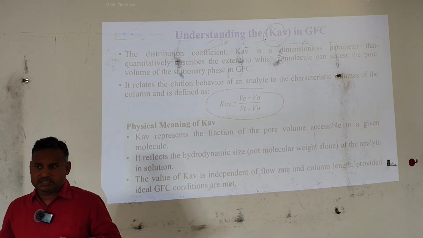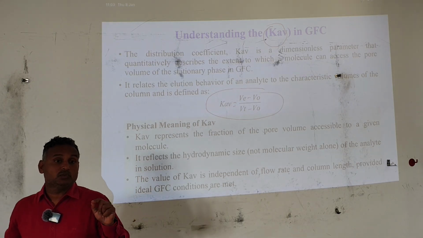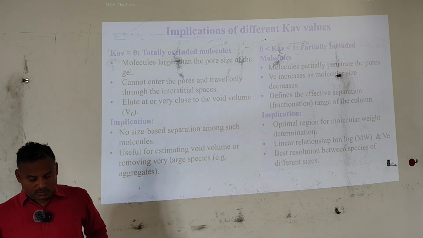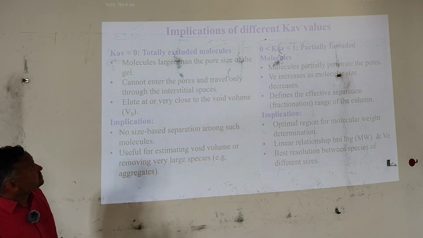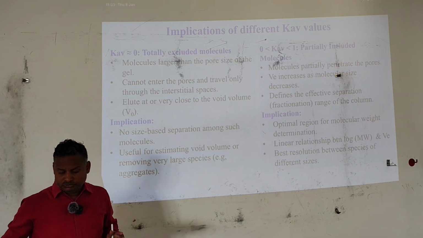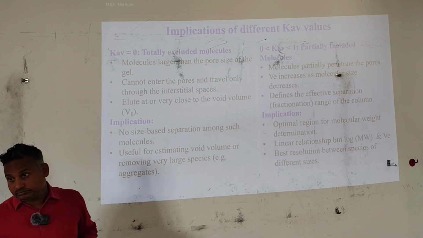If you maintain all these things properly, the KAV distribution constant is independent of flow rate and column length. Now I am coming to the implications of different KAV values. I already told you KAV is equal to 0.